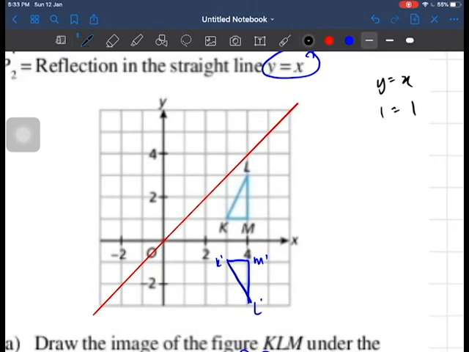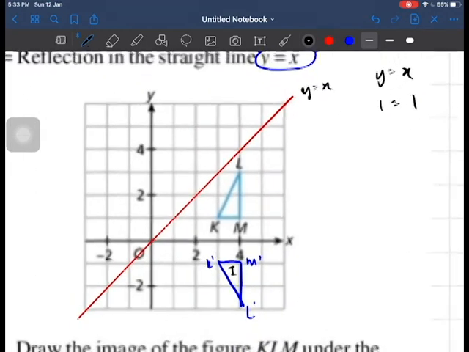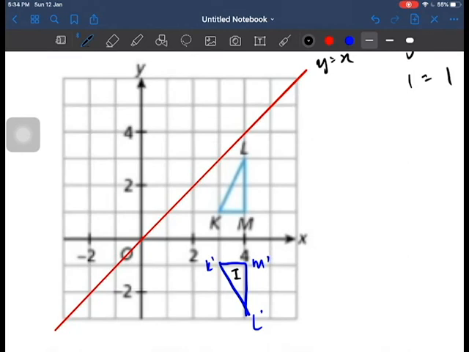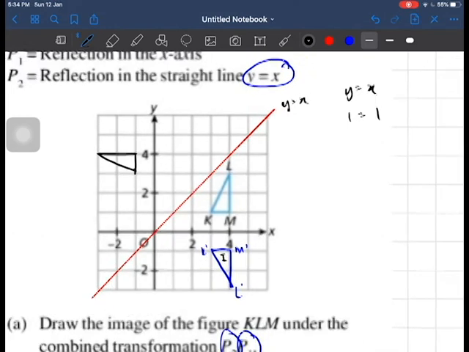So this is my first image. Right now I need the reflection on y equals to x, which is here. And here's my second image from here.